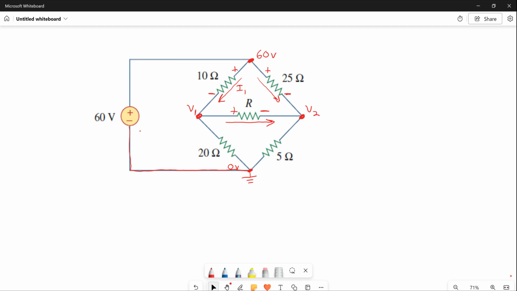Now here's the next step. Again, this is nodal analysis, but I want to show you why the passive sign convention is very important, particularly in nodal analysis. And if you don't use it, you'll never get these problems right.